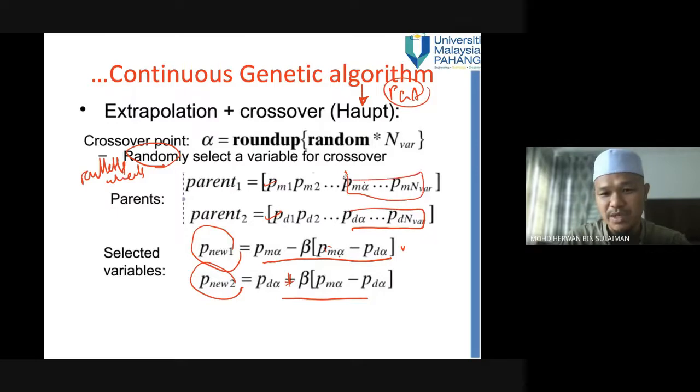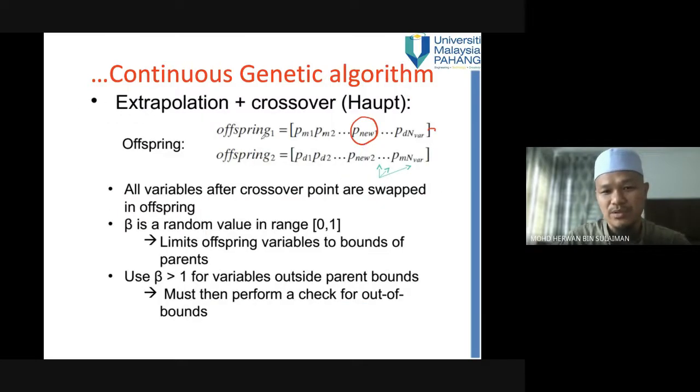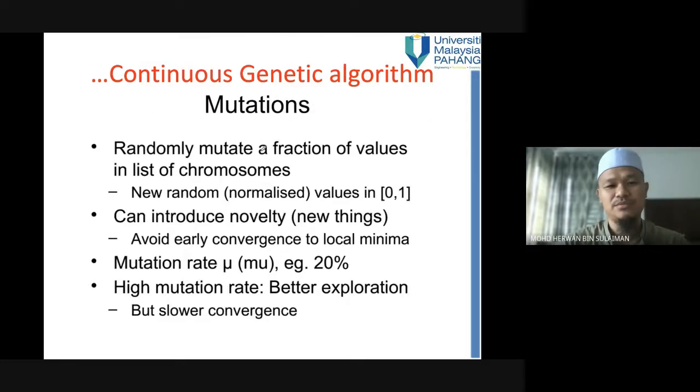The upper one is PM. So offspring number one starts from PM, and then this is the new one that you operated just now, and then the rest is the dad, and then you swap. So meaning that you use extrapolation and crossover. This one is mom. Okay. So you can use many approaches that suit your problems.